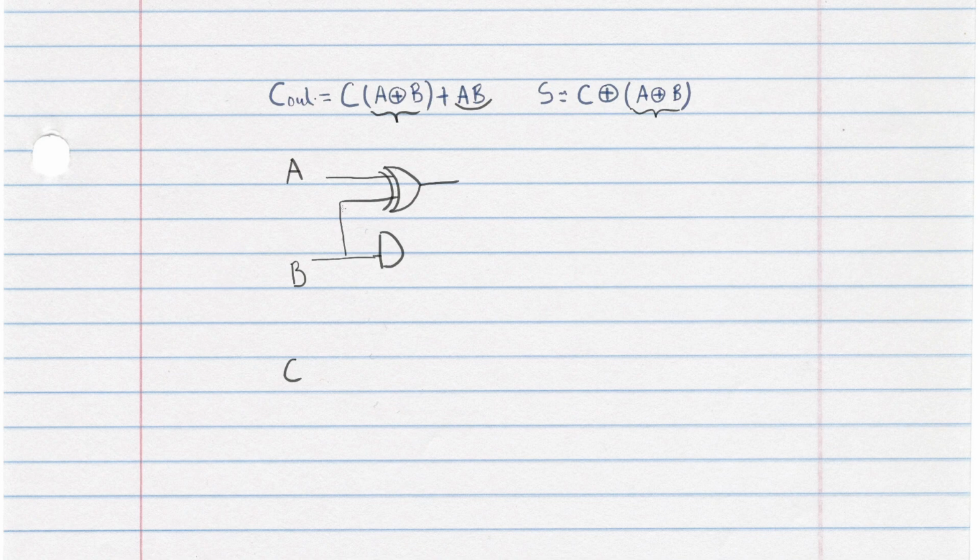I can take the A from here. There. So here we have that A and B. And now we can do AND C. So A XOR B and C. So let's bring that C there. So take this down. So that's A XOR B and C.